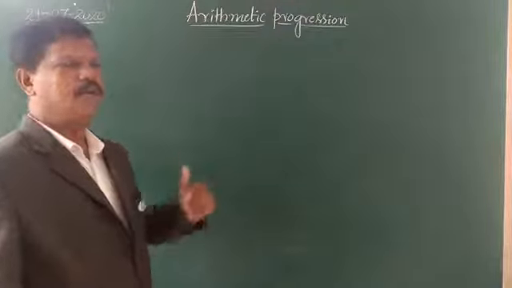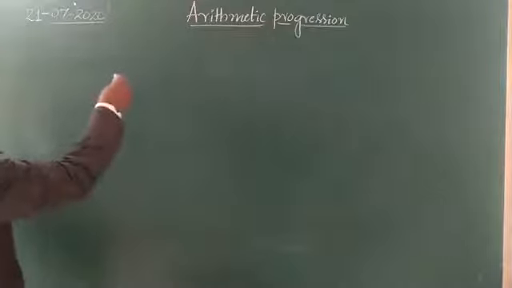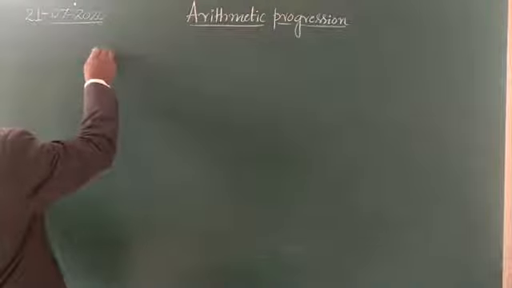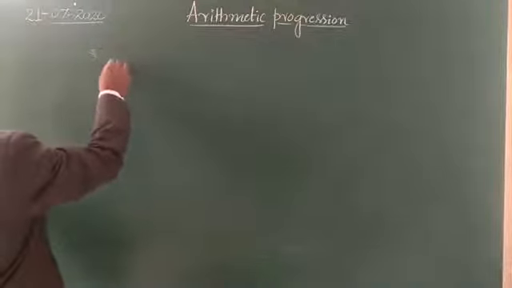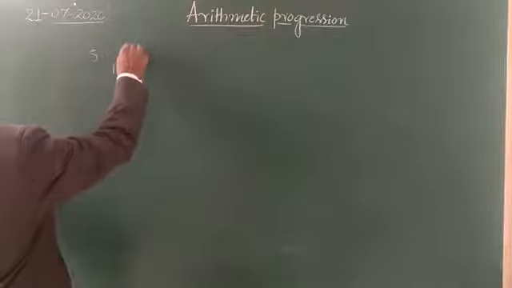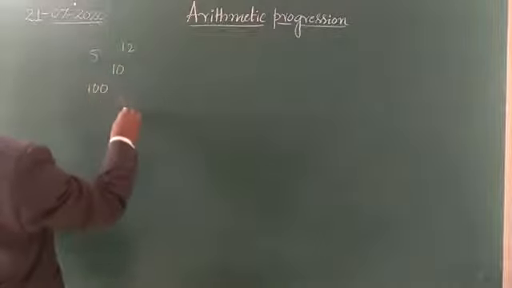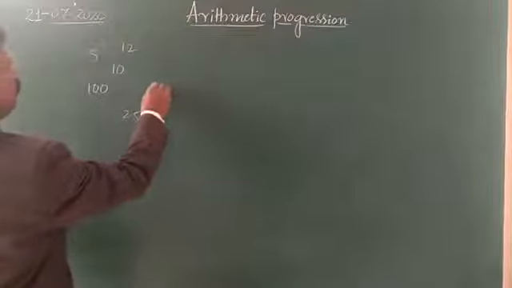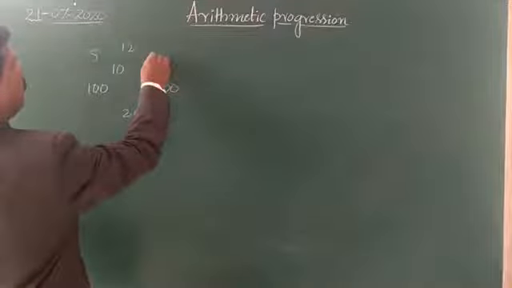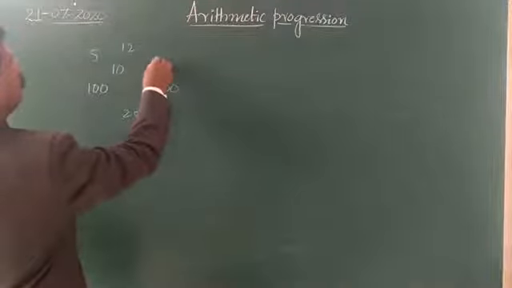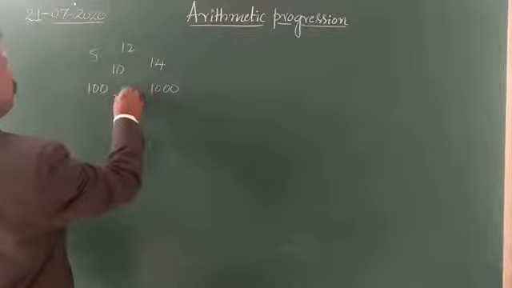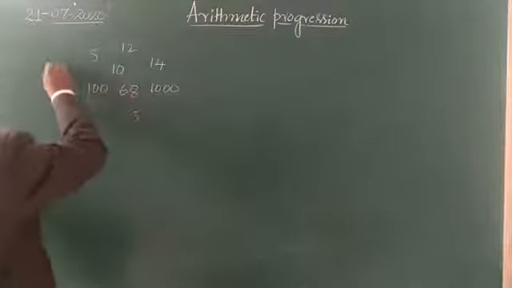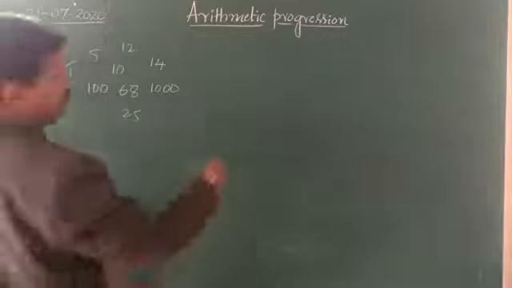First we should know that. Here I am writing some numbers. You just go through this: 5, 10, 12, 100, 25, 1000, 14, 16, 8. This is one set of numbers.